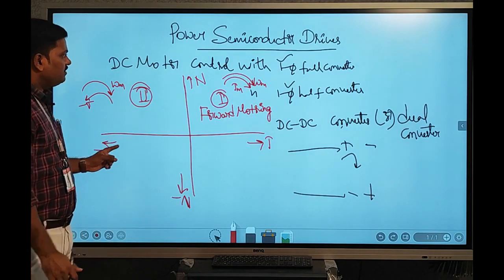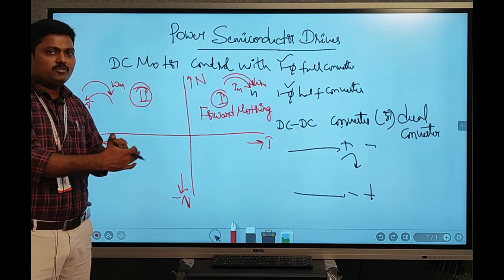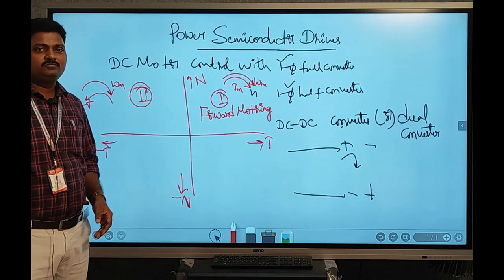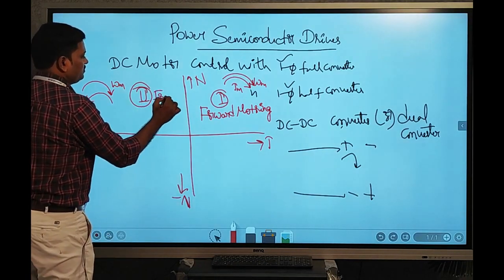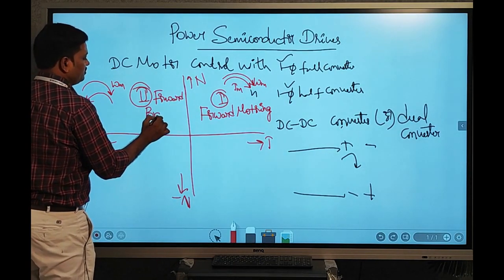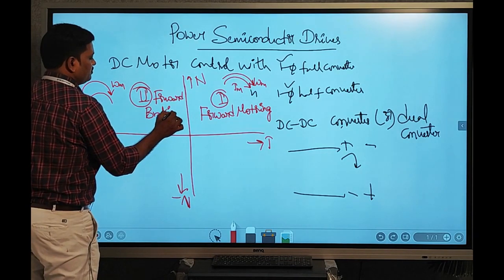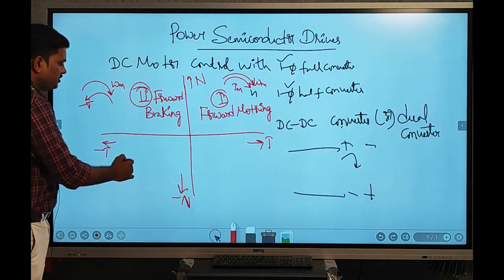So torque has to be negative, and since the motor is rotating in the forward direction, the speed will slowly reduce to 0 and the motor will stall. So this can be called forward braking.